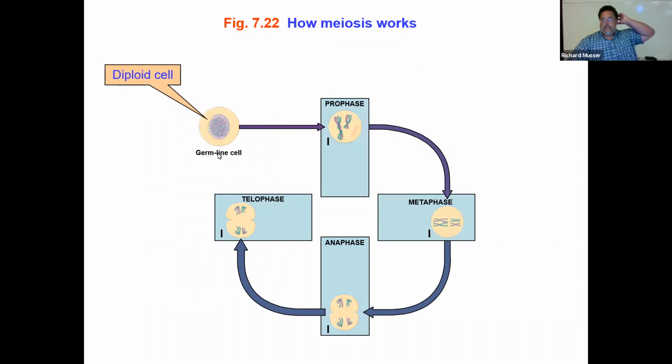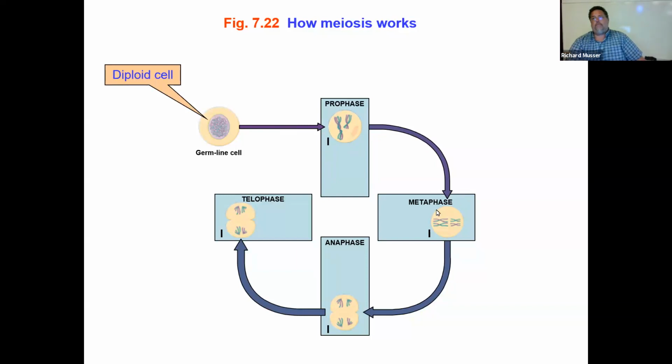That means it's a cell that can become a variety of different things, but it's destined to become either sperm or egg. Then the chromosomes begin to coil up, and then we go into prophase. And then notice that the homologous chromosomes are next to each other. We have the crossing over take place. And then we move into metaphase 1.